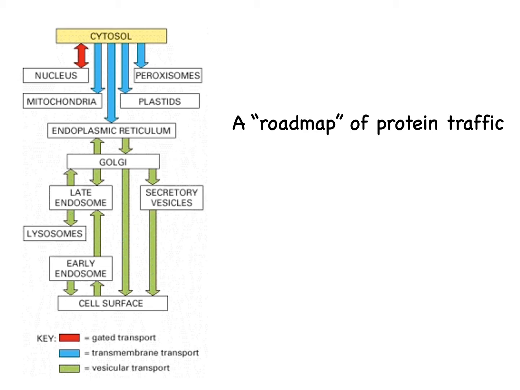Now, once proteins have gone into the ER, then they can move around to different subcellular locations by vesicular transport and don't need to cross another membrane. So they can move into the Golgi where they are sorted out and sent out to the lysosomes or endosomes or secretory vesicles or straight to the cell surface.